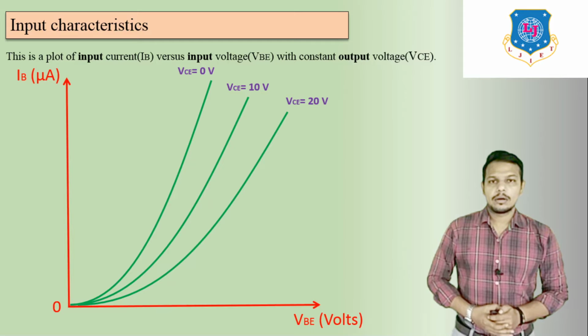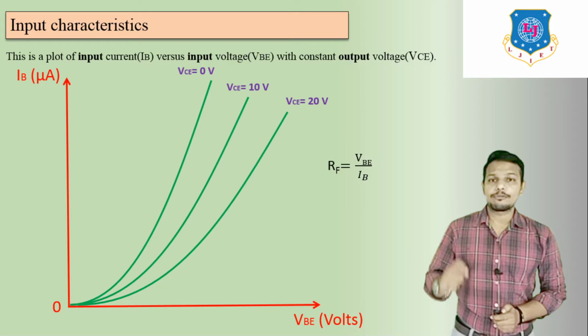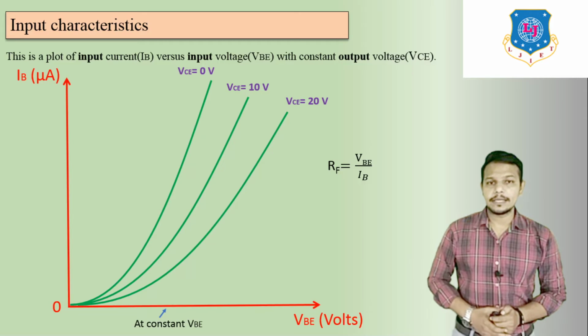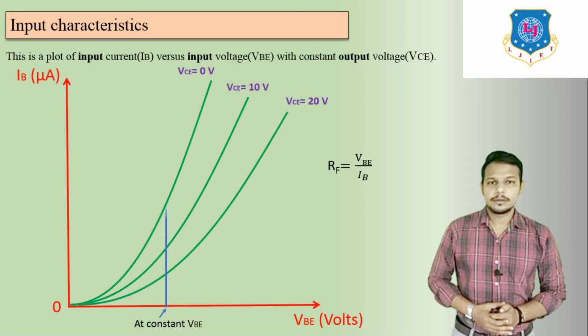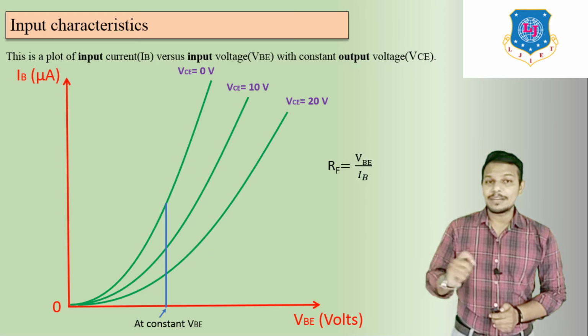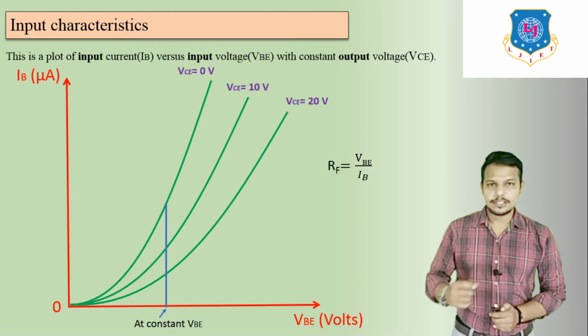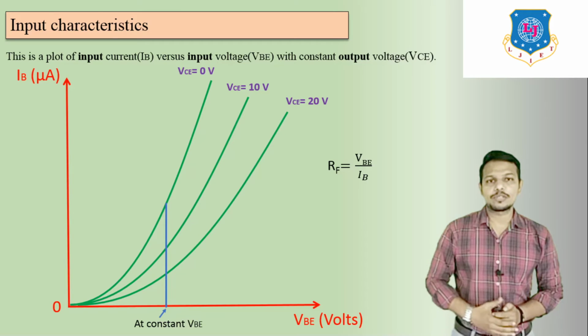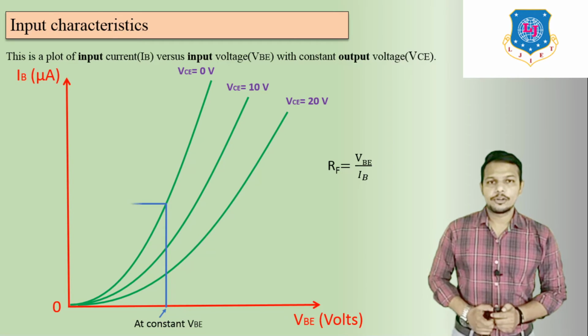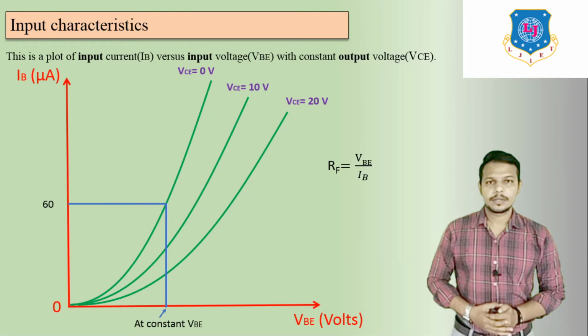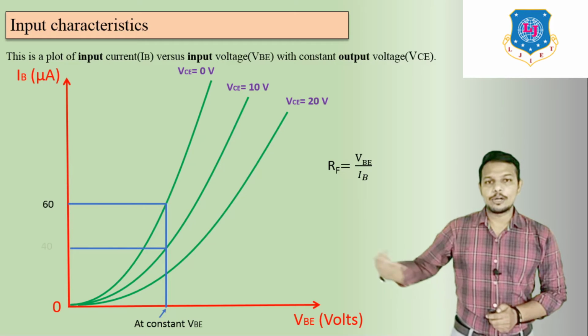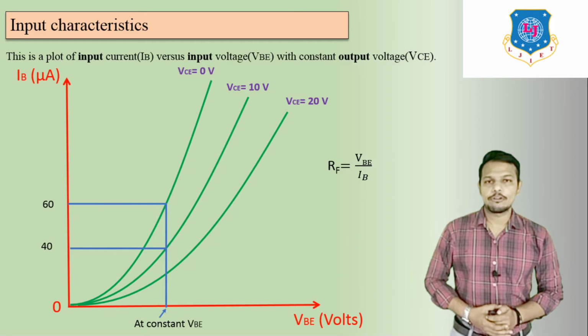Now at a fixed value of VBE, at this point, your IB's value is different. First we take VCE equal to 0 volt. At this time your IB is 60 microampere. If VCE is equal to 10 volt, then IB is equal to 40 microampere.